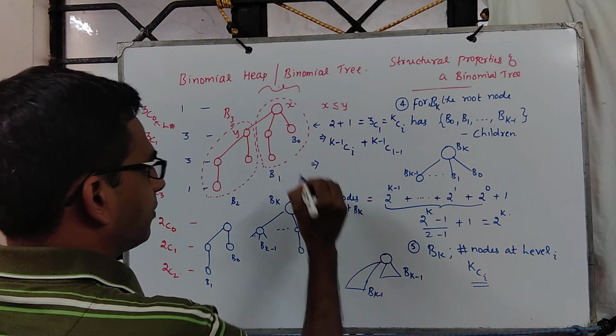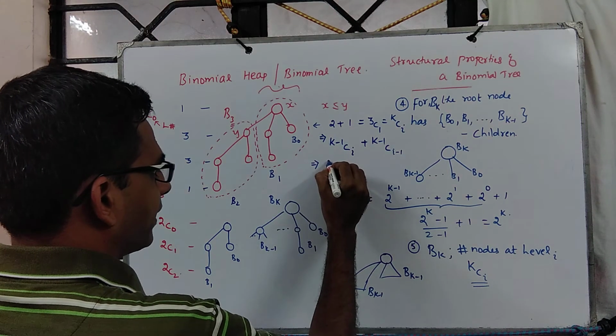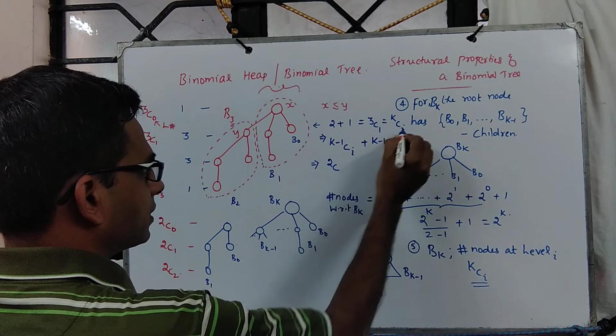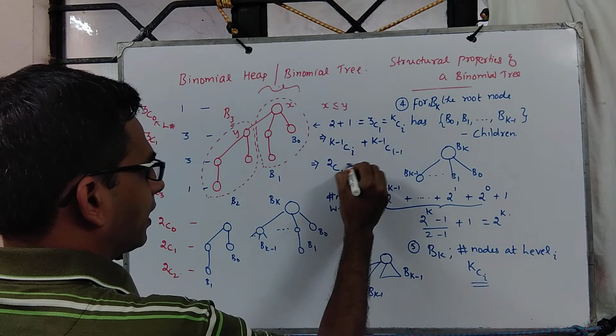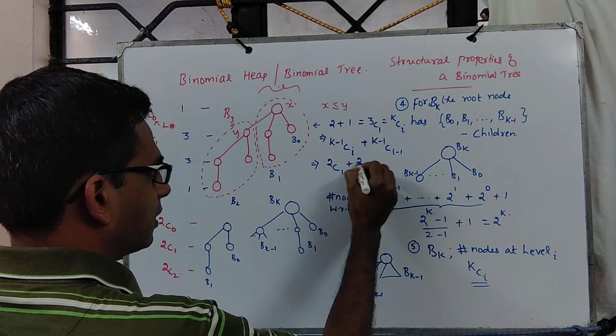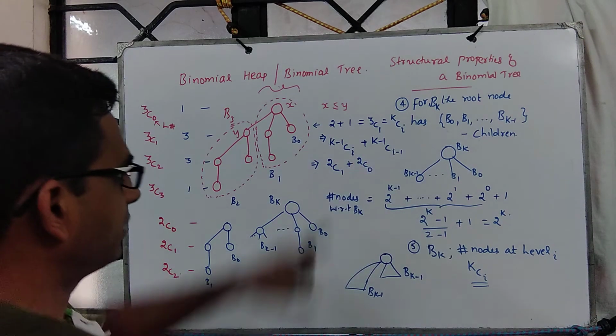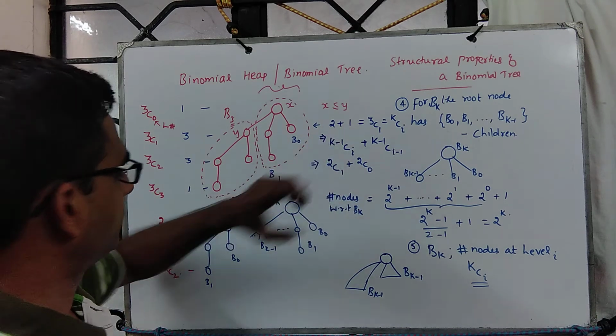Put it in this way: K is 3, so it is 2 choose 1 and this one is 2C0. So 2C1 is 2, and 2C0 this.